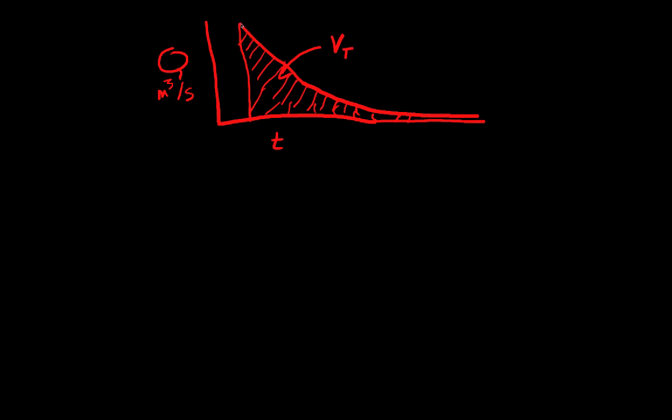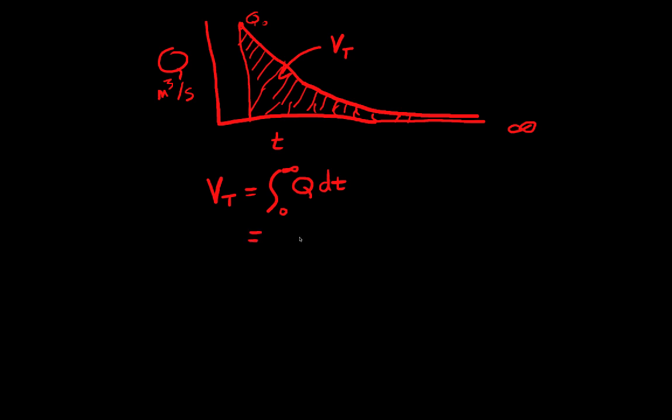And the area going from Q naught, the initial discharge, all the way out to t equals infinity, is going to be the total amount of water available in the aquifer. So here's where our exponential equation becomes useful. The total water is going to be equal to an integral from the initial time, 0, to time infinity, letting the water totally drain out of the aquifer at infinite time, of the flow times dt.